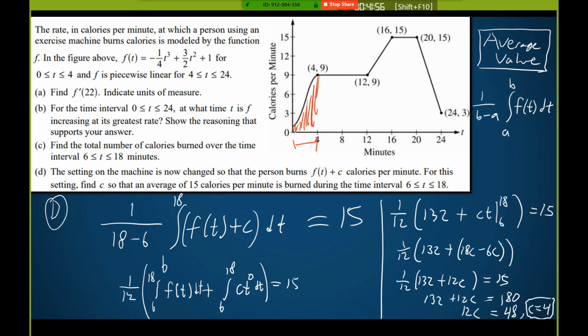If our setting on the machine is changed to add 4 calories per minute that we want to burn to our function, then in order to average burning 15 calories per minute, we would have to set that dial on the machine to increase our calories per minute burned by 4 calories per minute.